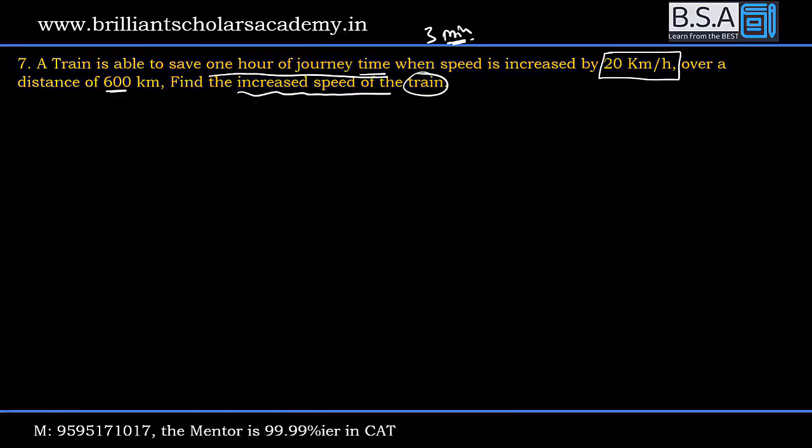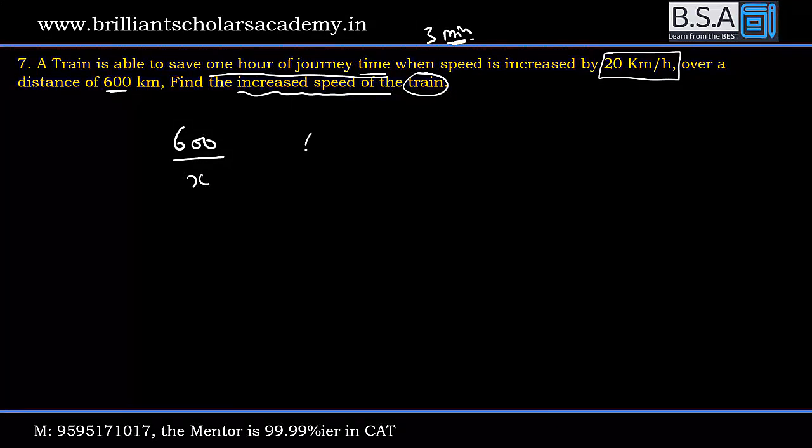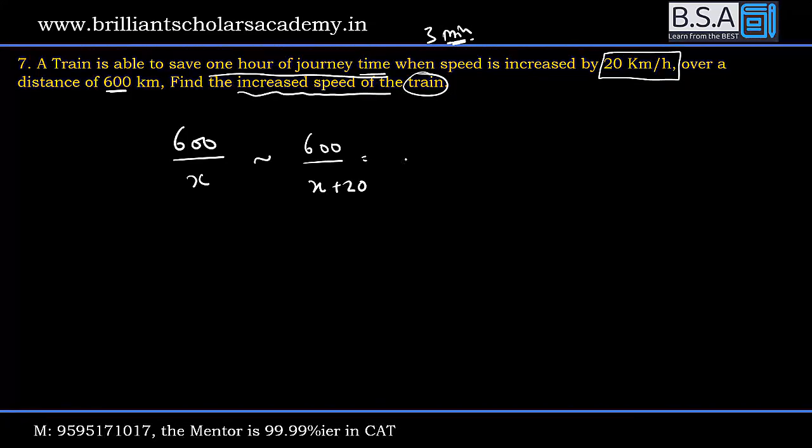What are we saying? When these 600 kilometers were traveled at a certain speed, and when these 600 kilometers were traveled at a higher speed of 20 kmph more, there was a saving of 1 hour.